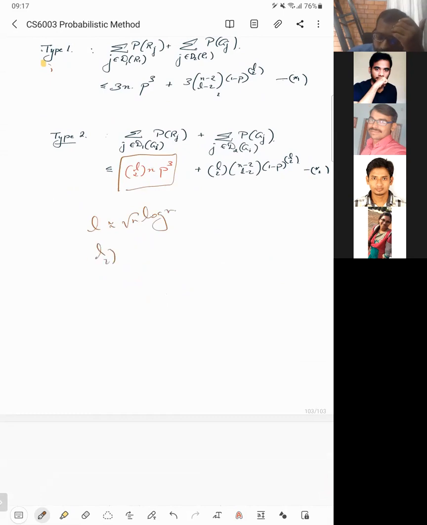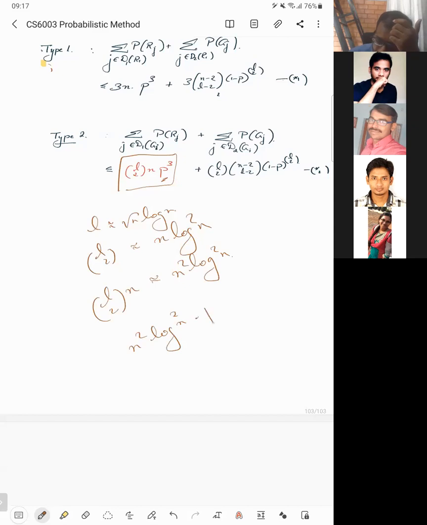So your L choose 2 is going to be something like n log squared, and I'm ignoring all the constants. So L choose 2 times n is order of n squared log squared n, and we want this times p cube to be much less than 1. Because everything total should add up to 1 by 4, this term itself has to be less than 1 by 4.